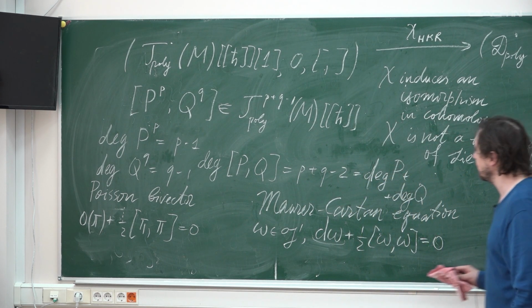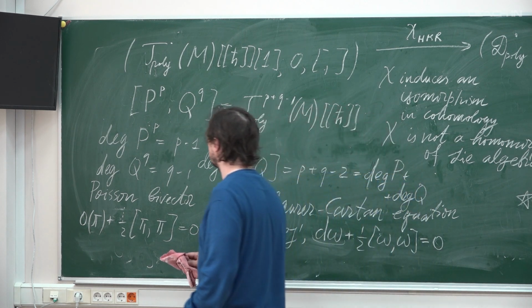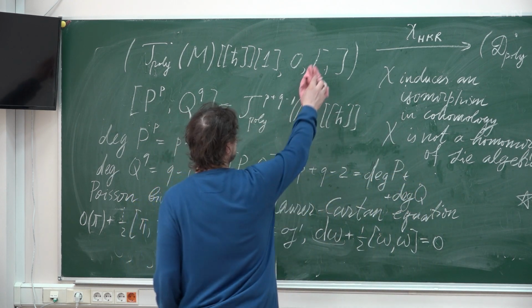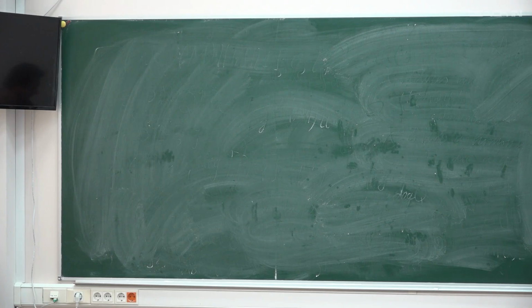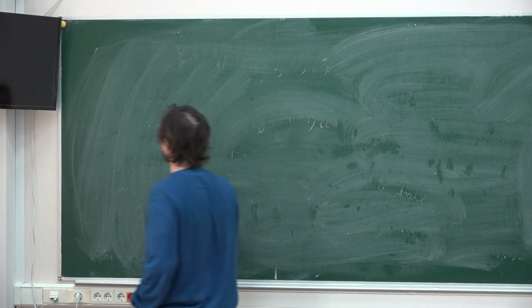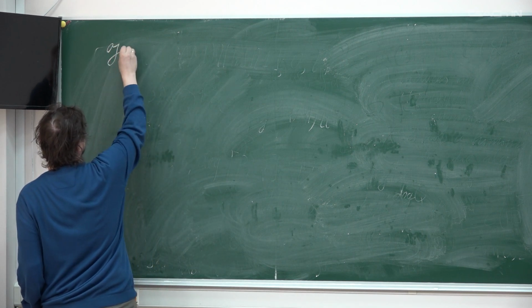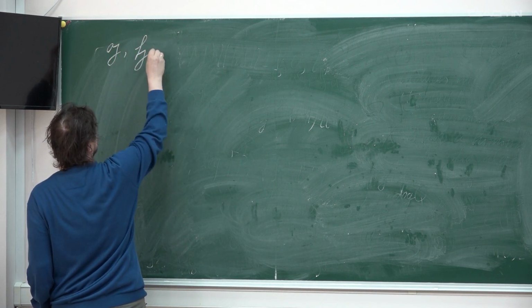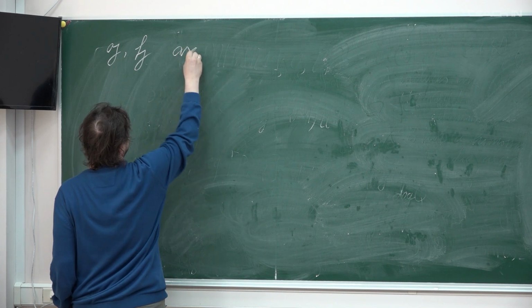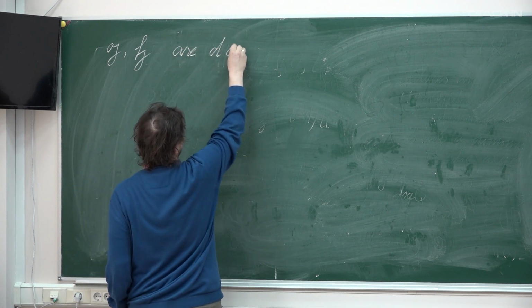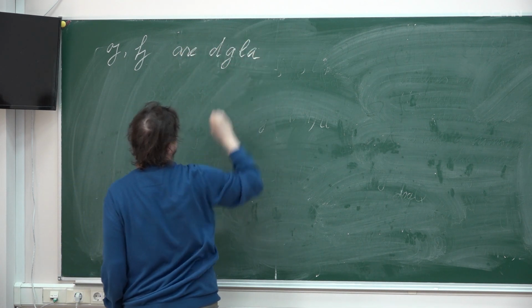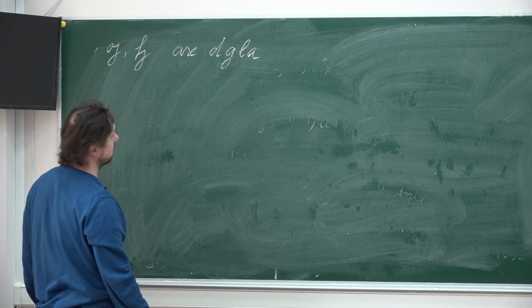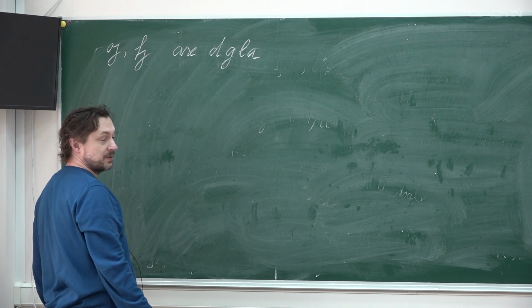Thus we are naturally brought to the following question. Suppose you have two differential graded Lie algebras, say G and H. So the standard abbreviation of differential graded Lie algebras is DGLA.